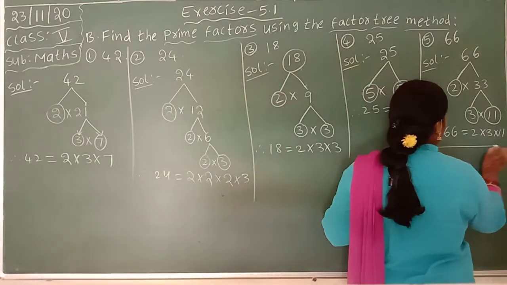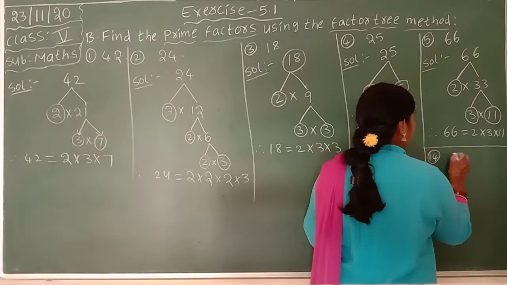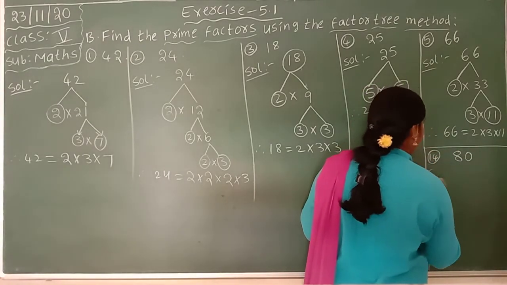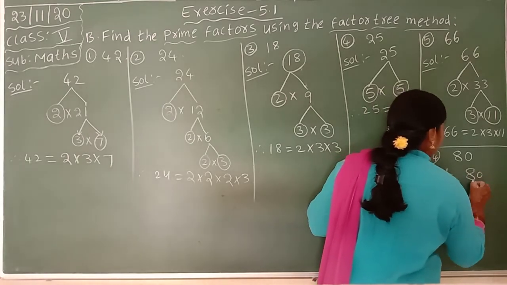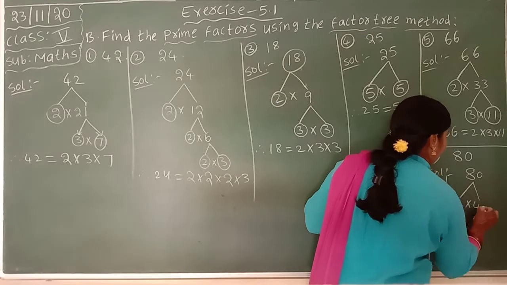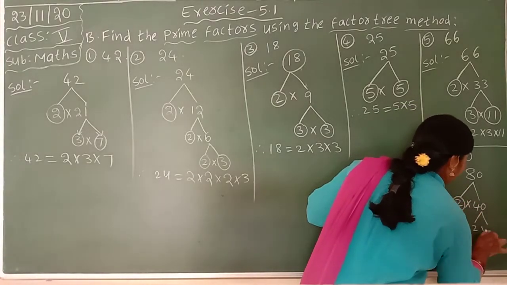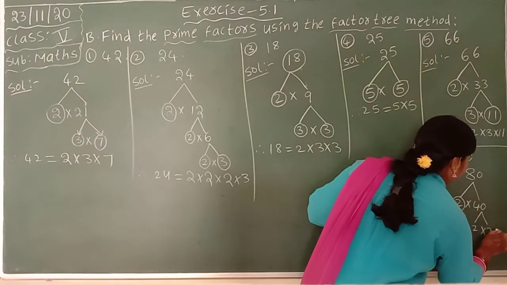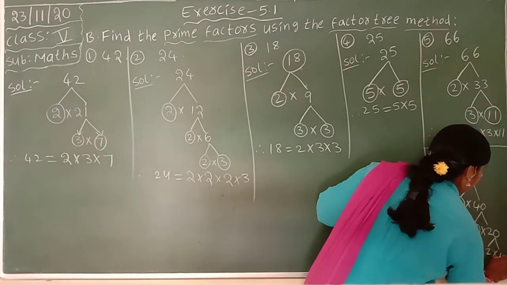Okay. Go for the next problem, that is 14, 80. Solution here. 80. 2 into, 2 fours are 8, 0. Circle 2 here. Next, 2 into 2, 2 twos are 40. Next, 2 into 10. Circle 2.